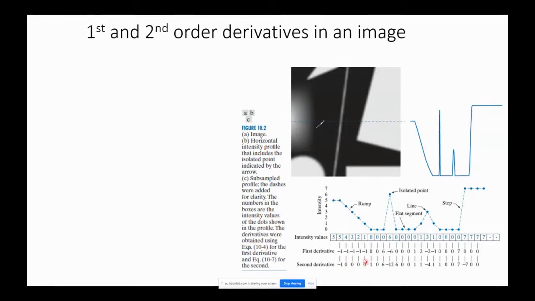Whereas for a constant change, the second derivative doesn't see it, since it's just a constant change. What the second derivative picks out is just the change itself. Again, this has a negative change, so it changes from white to black, and then there is this sudden change at this point here, at the end of the ramp.